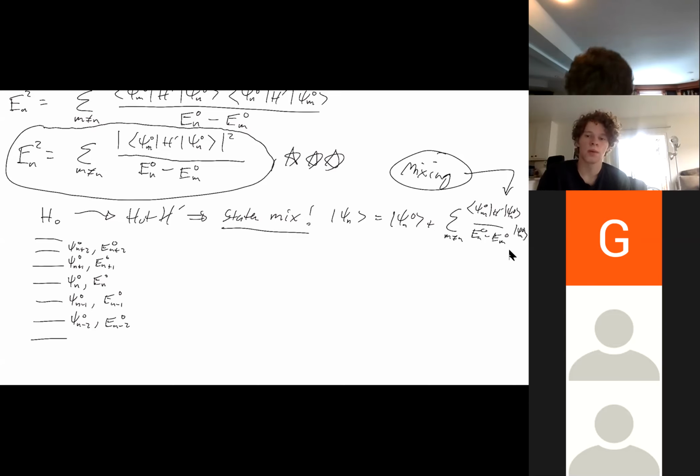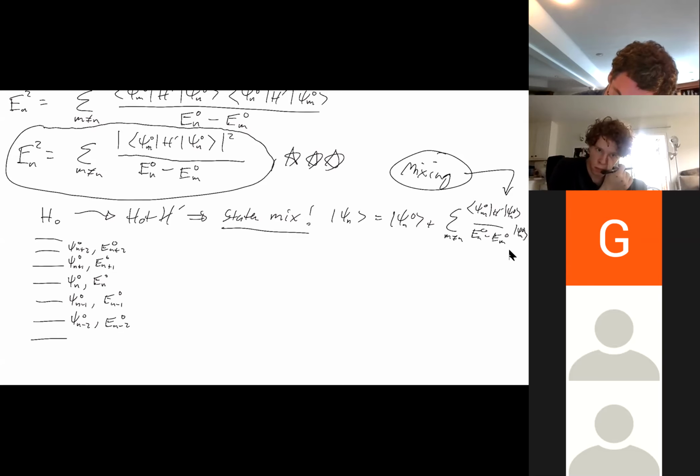But now let's look at this new result. The way to think about it is that this second order correction is a sum over all the unperturbed states.